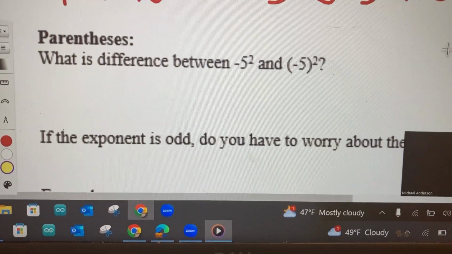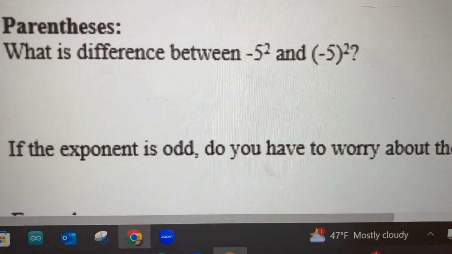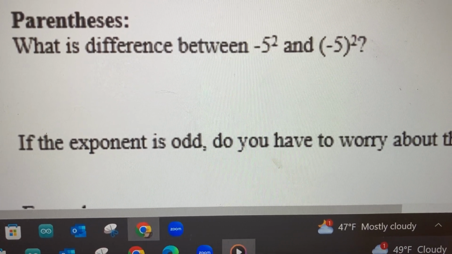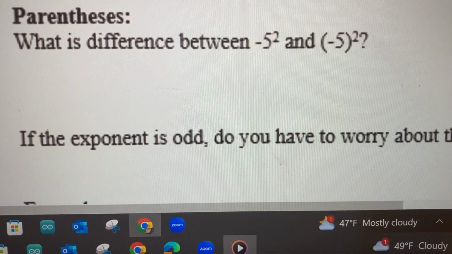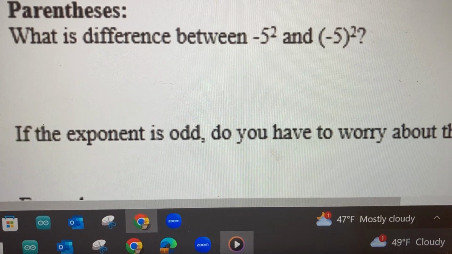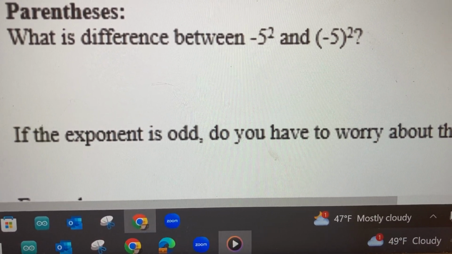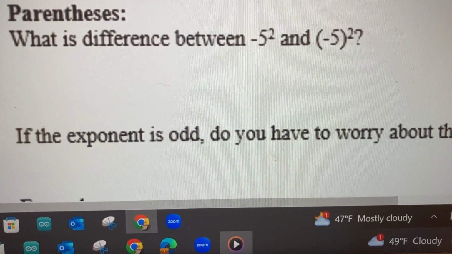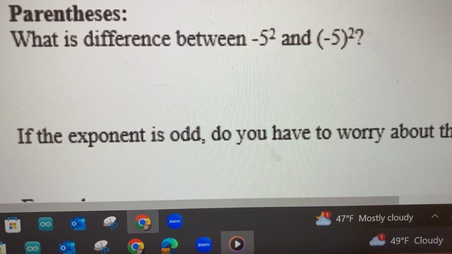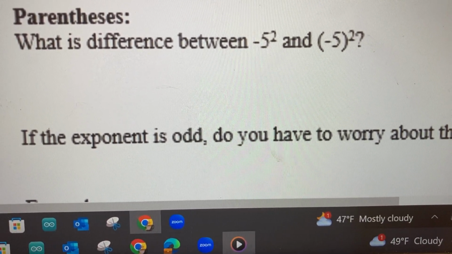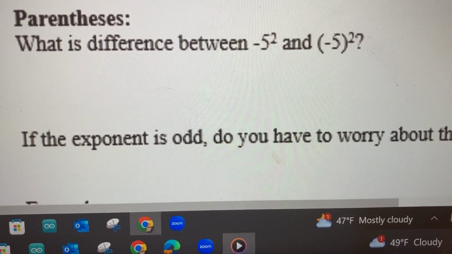Okay, now, in this kind of a situation, the parentheses make a big difference. It may not look like it makes a difference here, but it does. Okay, so the power only acts on what is immediately below it.